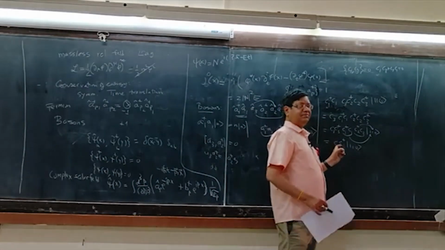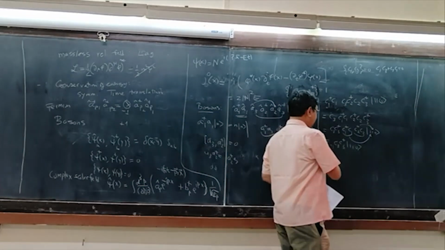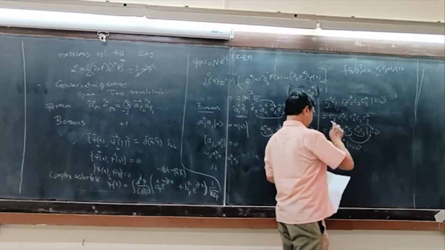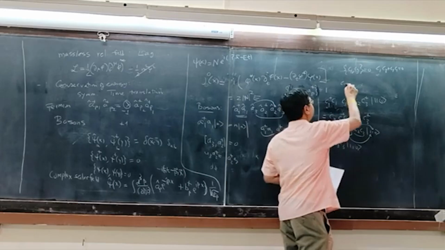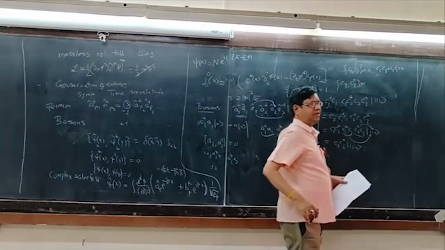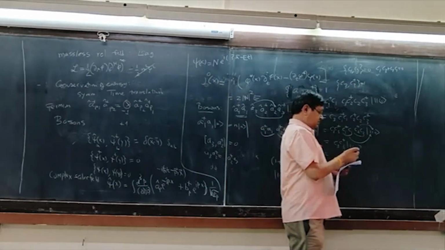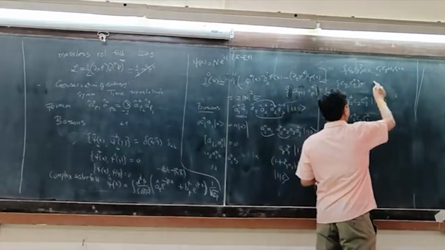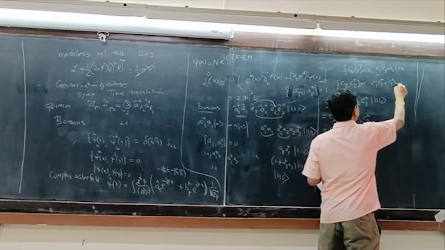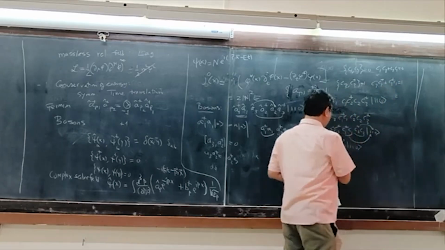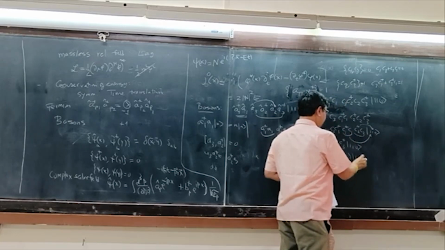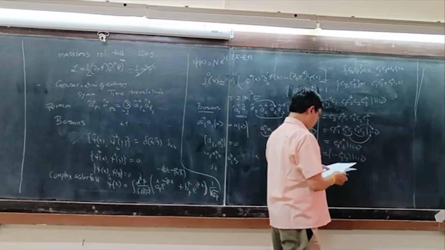Again, I want C3 dagger to come to the left. So what will happen? C3 coming to the left, so this is an anti-commutation. So C3, C3 dagger plus C3 dagger, C3 equals 1. It is 1 minus C3 dagger, C3, 1, 1, 0.